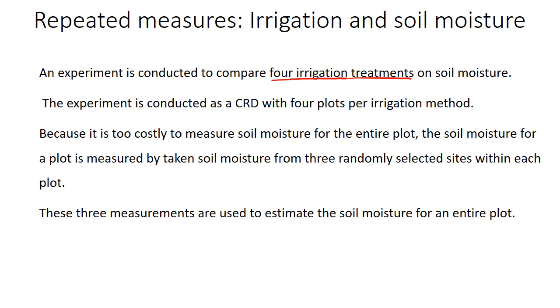The number of replications is 4. The number of subsampling is 3. We can calculate the mean of these 3 measurements for each plot and use this mean value in the analysis.